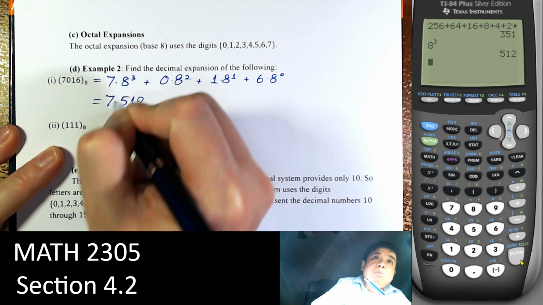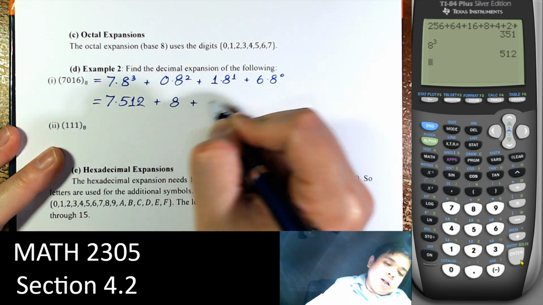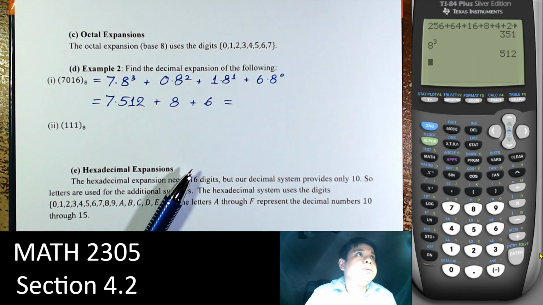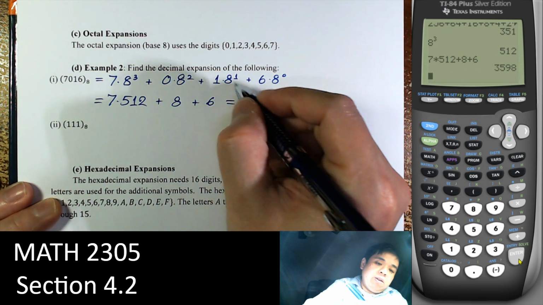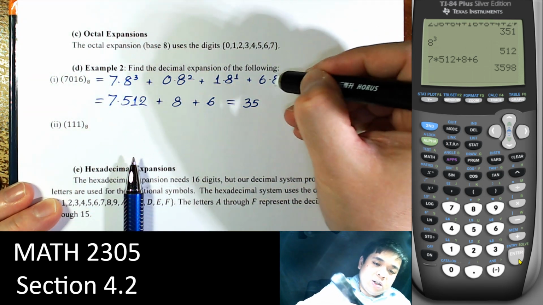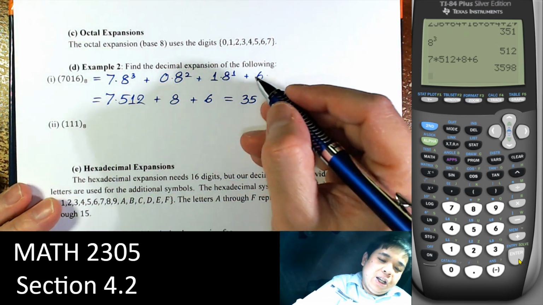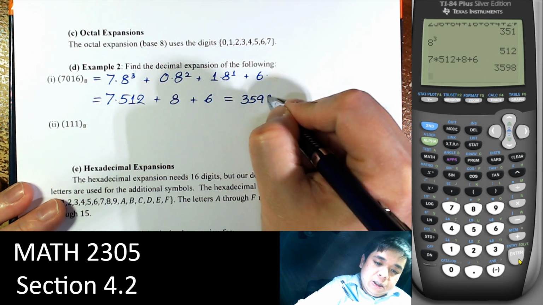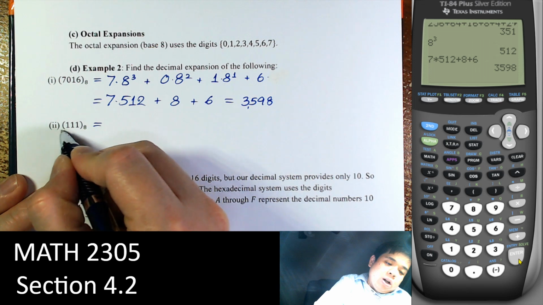Of course, if we write a number like this, that's base 10. So 7 times 512, plus 8, plus 6, gives 3598. Later on, we'll just ignore the power on the last one, as that may be confusing. The last one doesn't have any power. Now 111, positions 0, 1, 2.